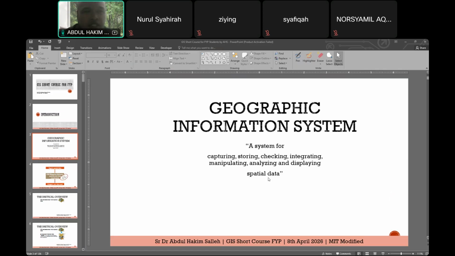So spatial data integrated with the GNSS system makes the data contain coordinates, something that lets us understand where it is really located on Earth.